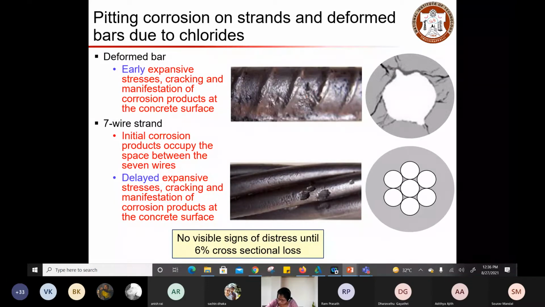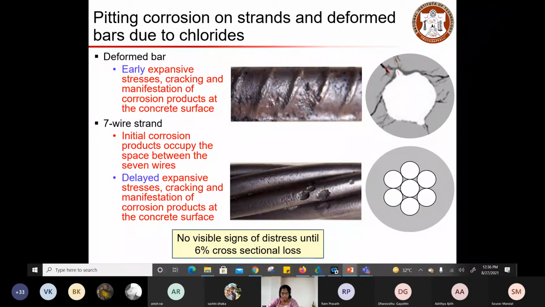You observe a lot of pits on the surface due to chloride ingress, and the rust formation causes expansive stresses that lead to cracking on the concrete surface. Then, through this crack path, the rust particles could ooze out. You can see stains on the concrete surface when this starts, and you can address the problem at that early stage by looking at the rust formation. So you know that portion has started corroding, and that needs to be fixed.